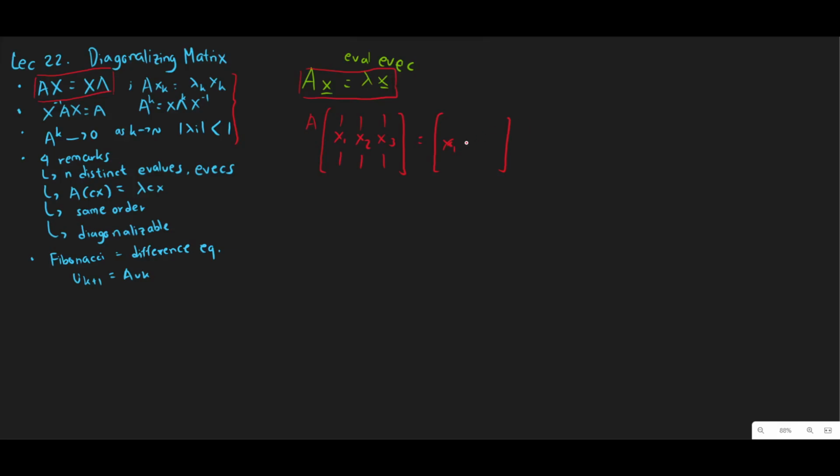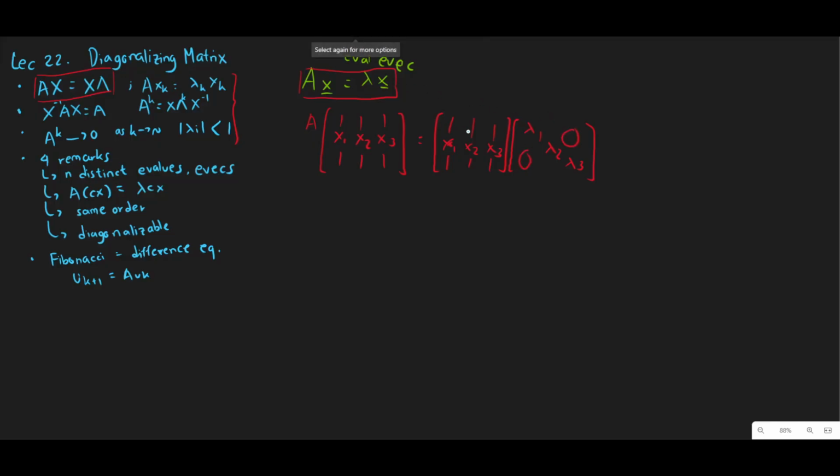Because this is a column, I need a constant to multiply the column, and for that I need a matrix on the right of the eigenvector matrix, and this will be my eigenvalue 1. The same thing happens here, eigenvalue 2 and eigenvalue 3, and the rest are 0 and 0.